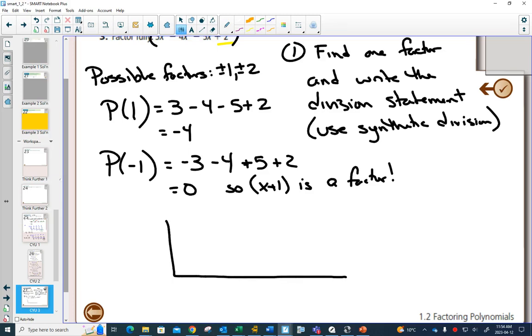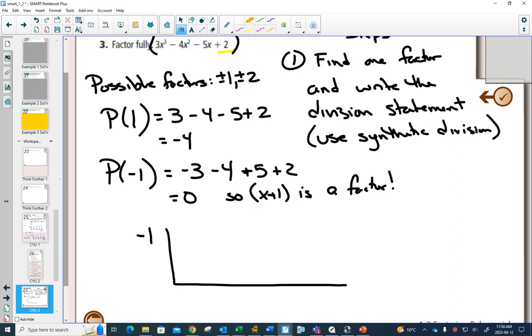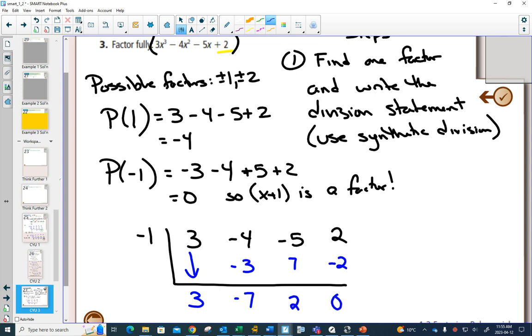So I have to use synthetic division for that. Put a -1 outside here. Coefficients are 3, -4, -5, and 2. Notice that they were in the right order, and I didn't have to add any zeros. Break down the 3, multiply, add, multiply, and add, and perfect, we got a remainder of 0.